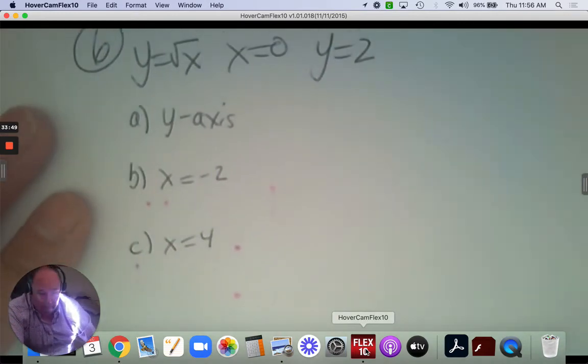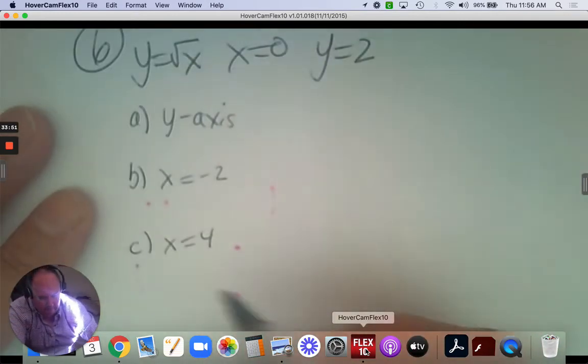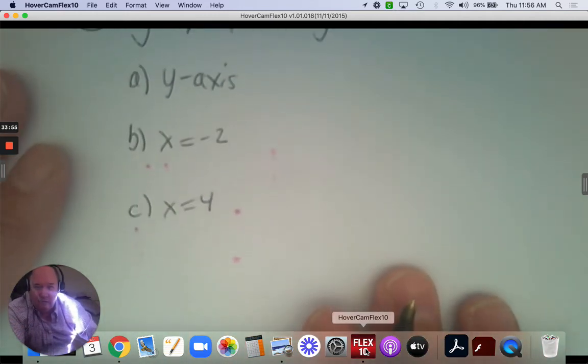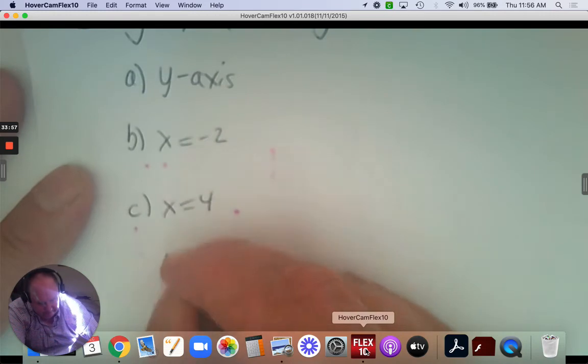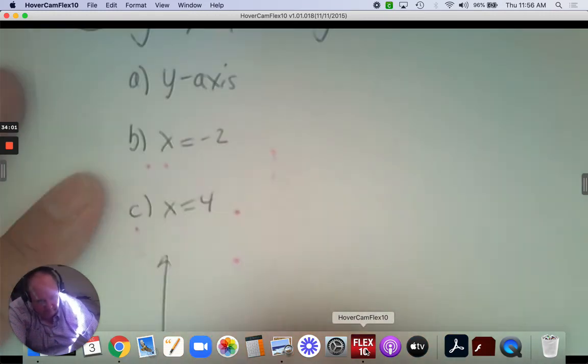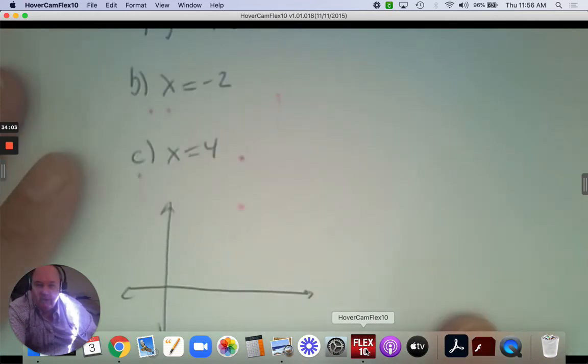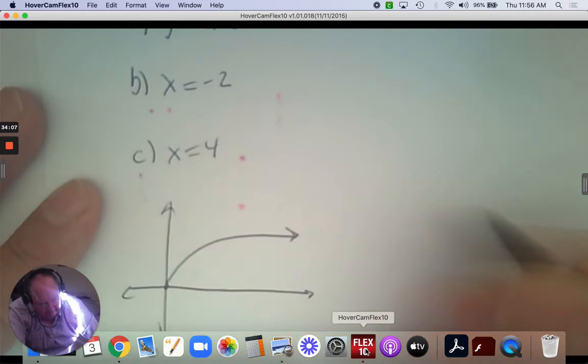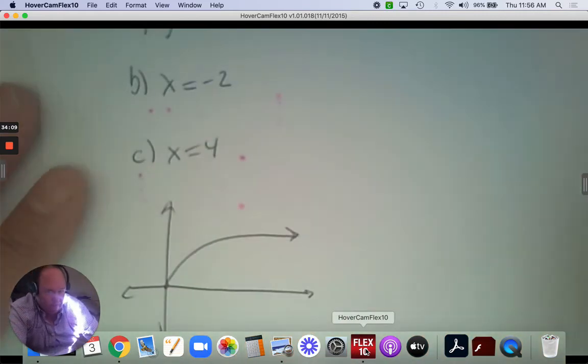So we're going to draw it first of all. Underneath, let's draw it, and then we'll set it up. The first one I'm going to draw is y equals root x. That's the square root of x, and that's what the curve looks like.